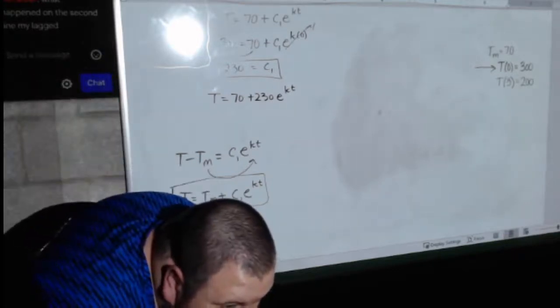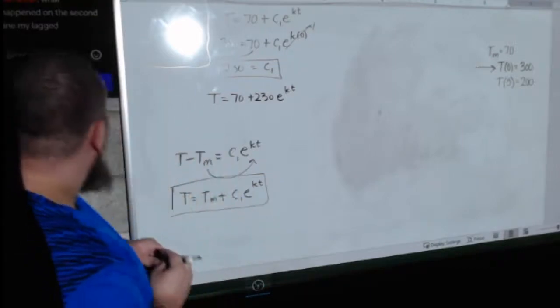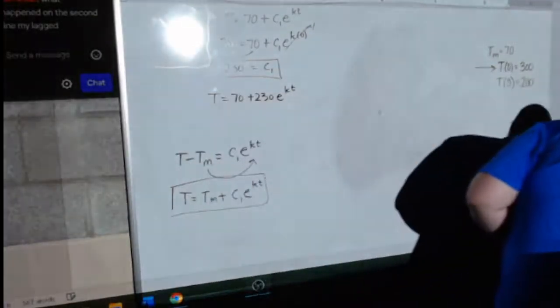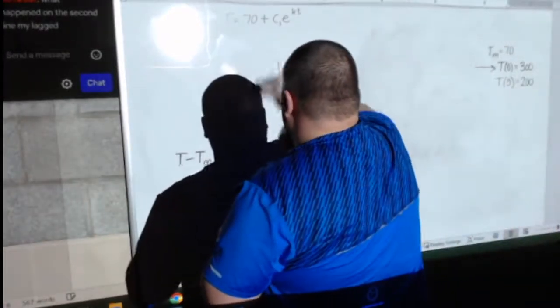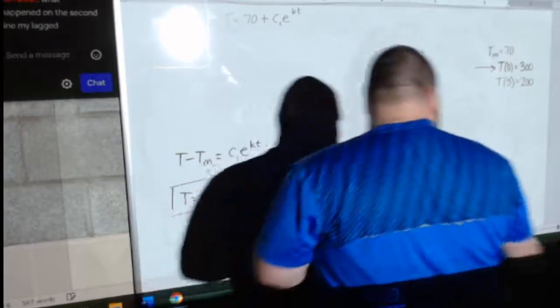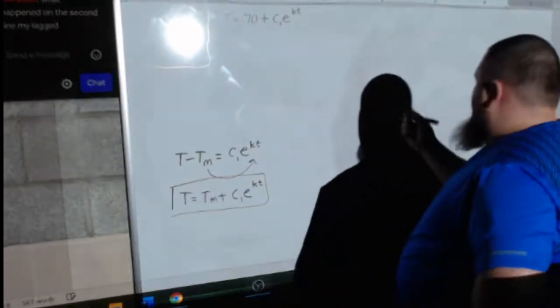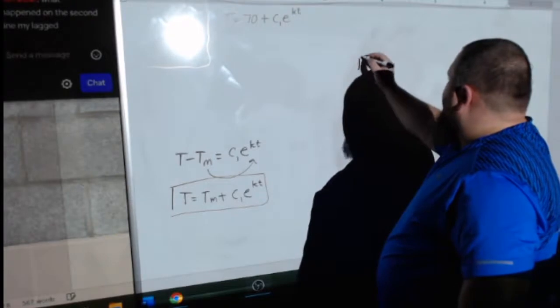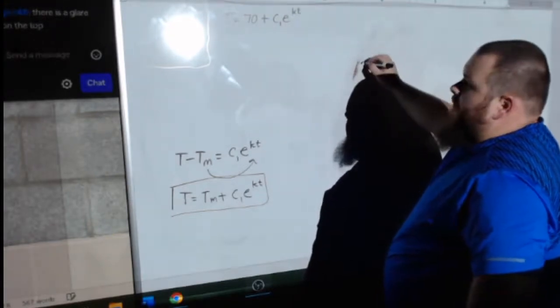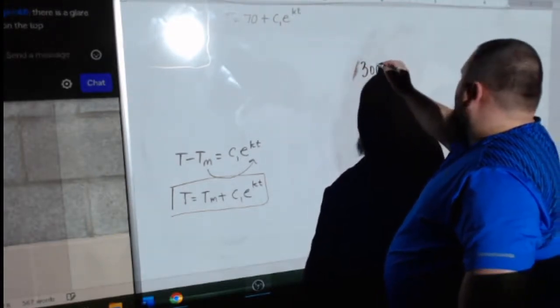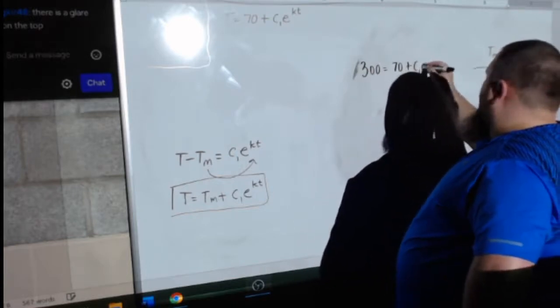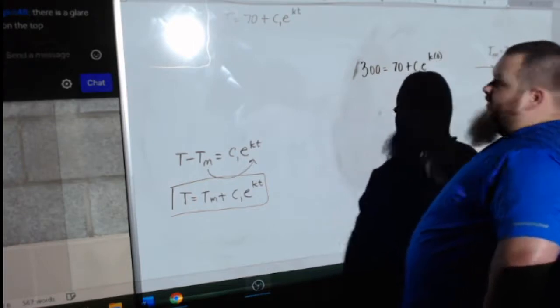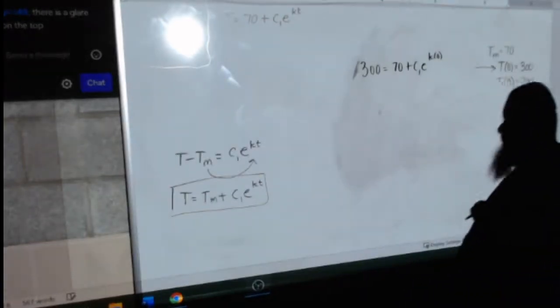Sorry, I see that, let me move over because I'm in the glare there. So we do that again. I'm plugging in for the temperature. 300 is equal to 70 plus C1 e to the k, and I'm plugging in 0 for little t.